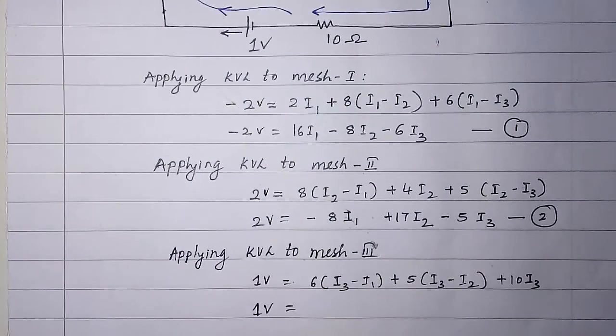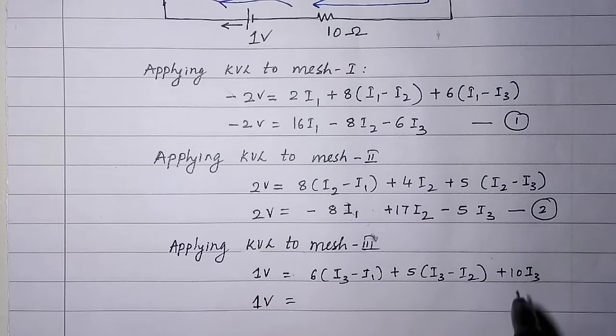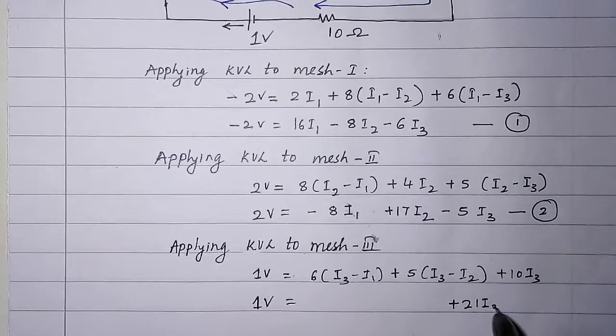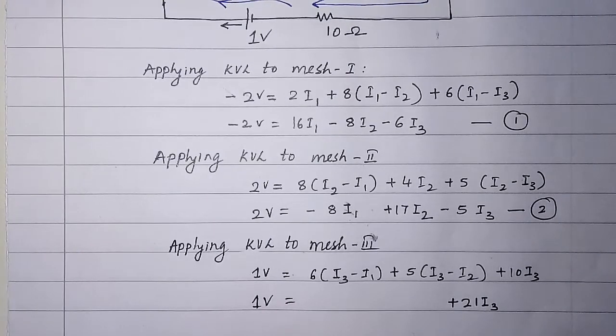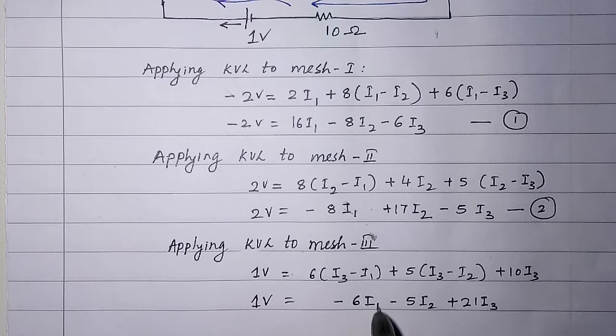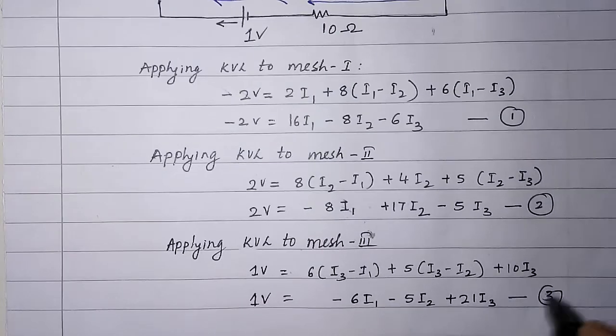One volt equal to 21 I3 minus 5 I2 minus 6 I1. Now let us call this as equation 3.